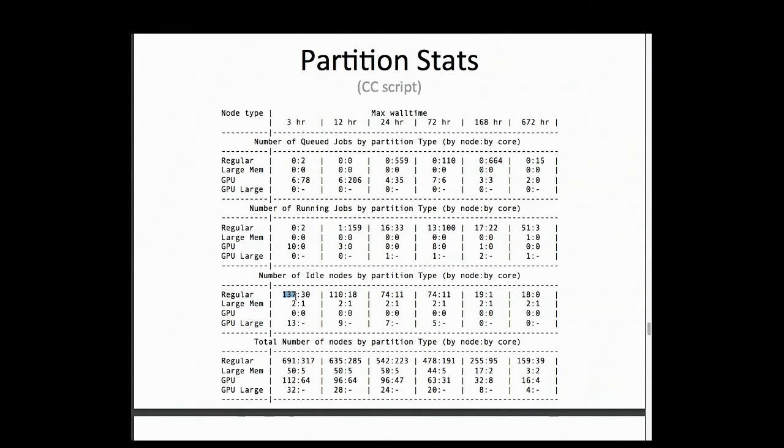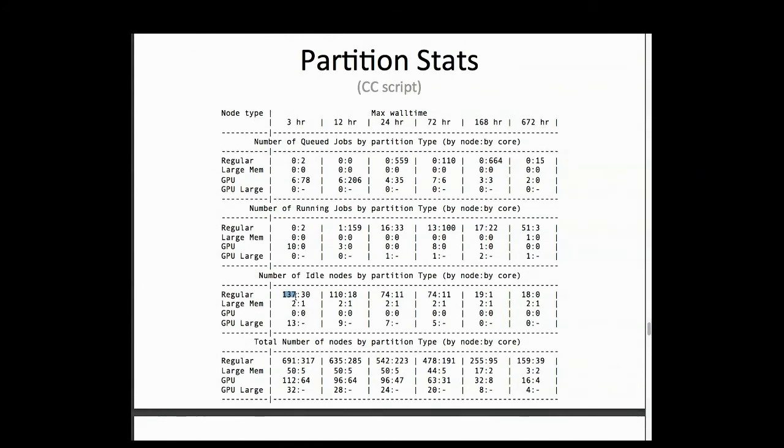And if your job takes only 3 hours or 5, you can run in that window. So that's another reason why you should be submitting as short jobs as possible.